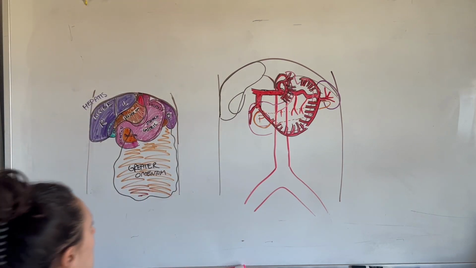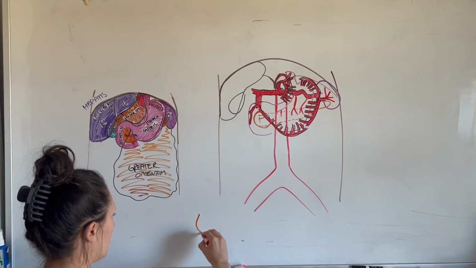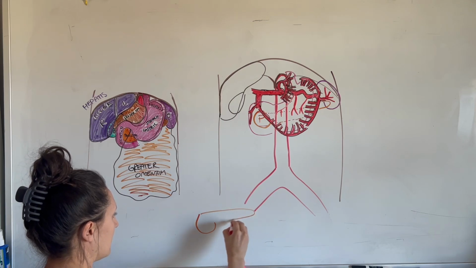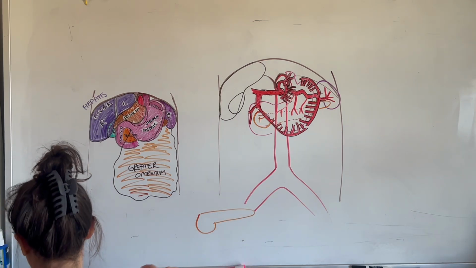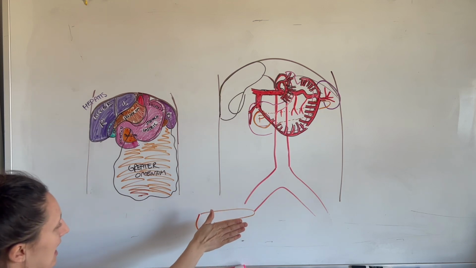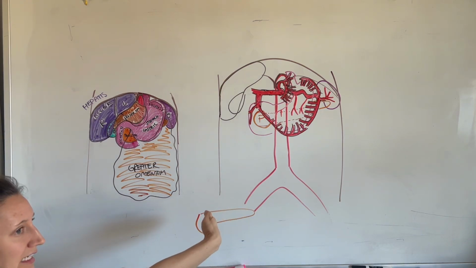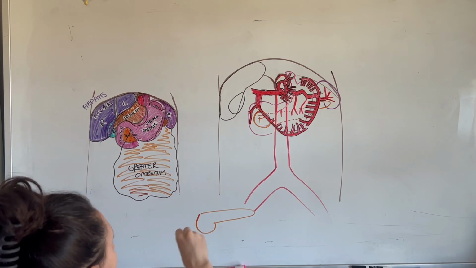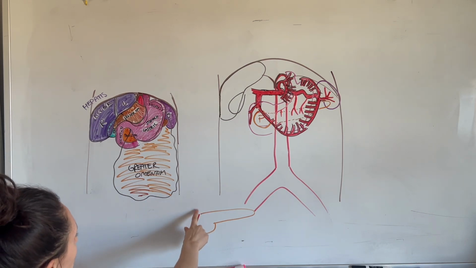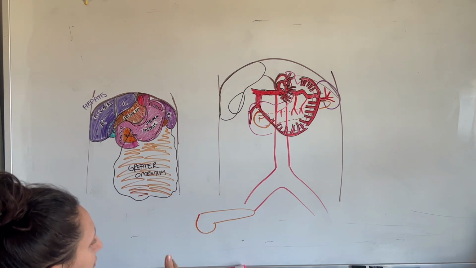So let's pretend we take the pancreas out and we can see our pancreas like this, right? There's our head of our pancreas, body and tail. Now, if I take that pancreas and I turn it 90 degrees away from you so that we are looking directly at the side, so the right side from the side.